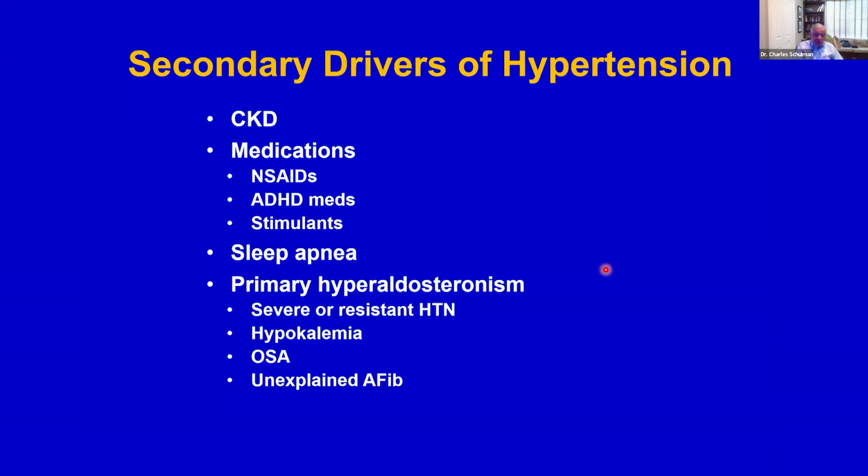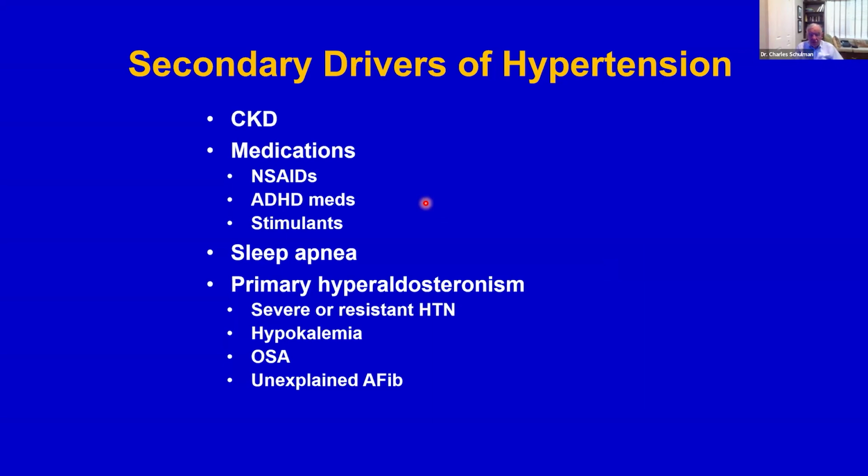Now, there are a number of secondary drivers of hypertension, which include chronic coronary disease, and medications like NSAIDs. NSAIDs are really the worst in the sense that people take them and you have no idea because they just take them at home.